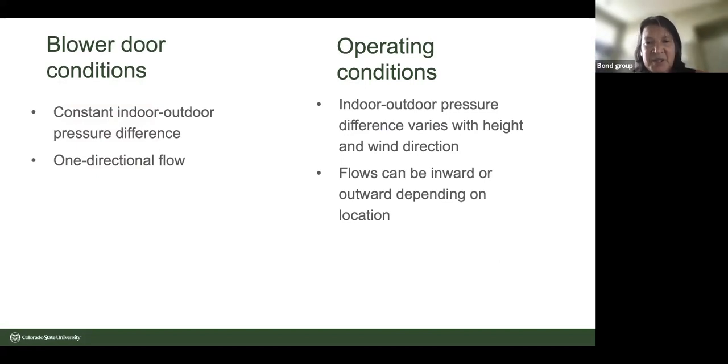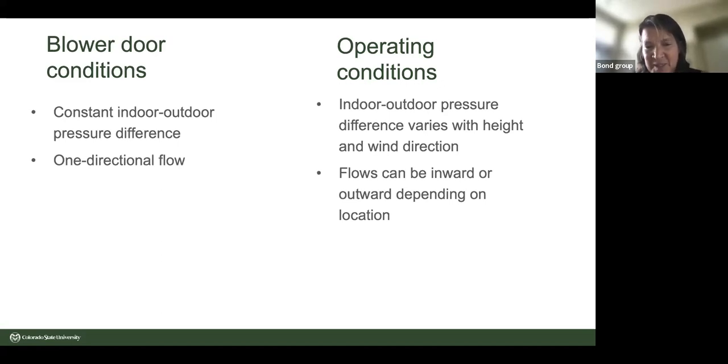And in real operation, that pressure difference between indoor-outdoor is going to vary with height, temperature difference, wind direction, and so on. So on every piece of the building, you can imagine a slightly different pressure difference. So the blower door has one-dimensional flow. The operating conditions flows can be inward or outward depending on location.